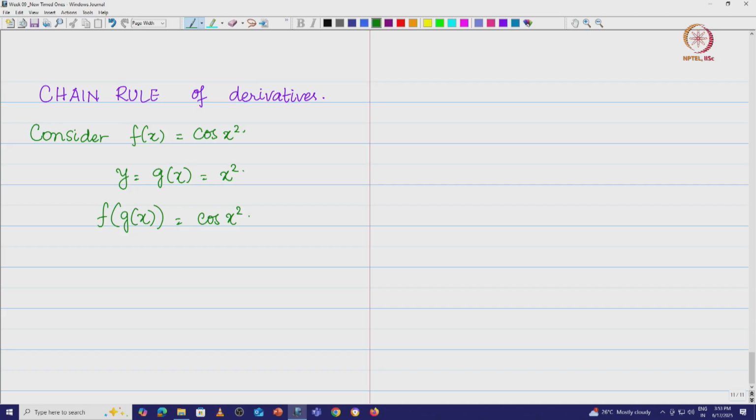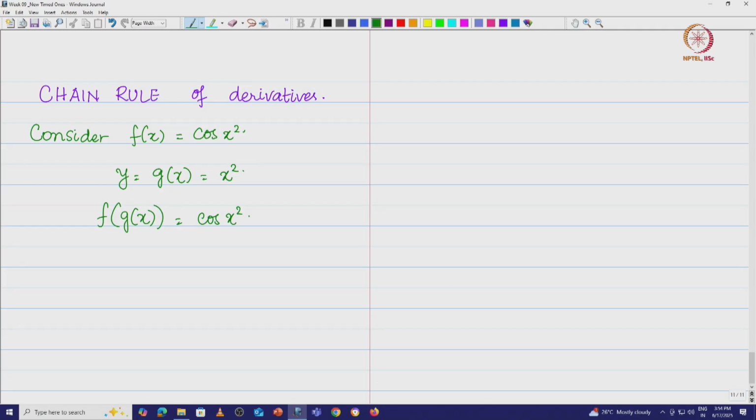So, what am I going to do? I am going to take the derivative. How do I take this derivative now? It is a cosine. So, you take the cosine of a function, the argument. The argument is a function of another variable, x squared.